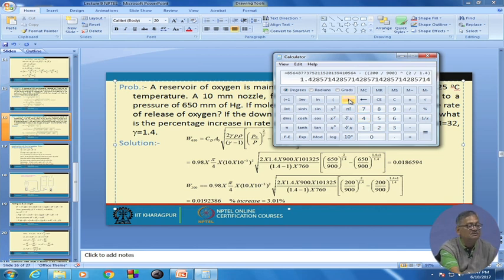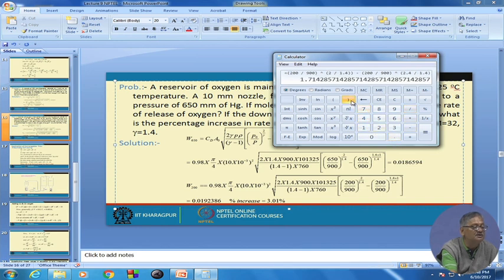So this is 1, 2 minus, right, minus 1, 200 by 900, right, to the power 2.4 by 1.4.